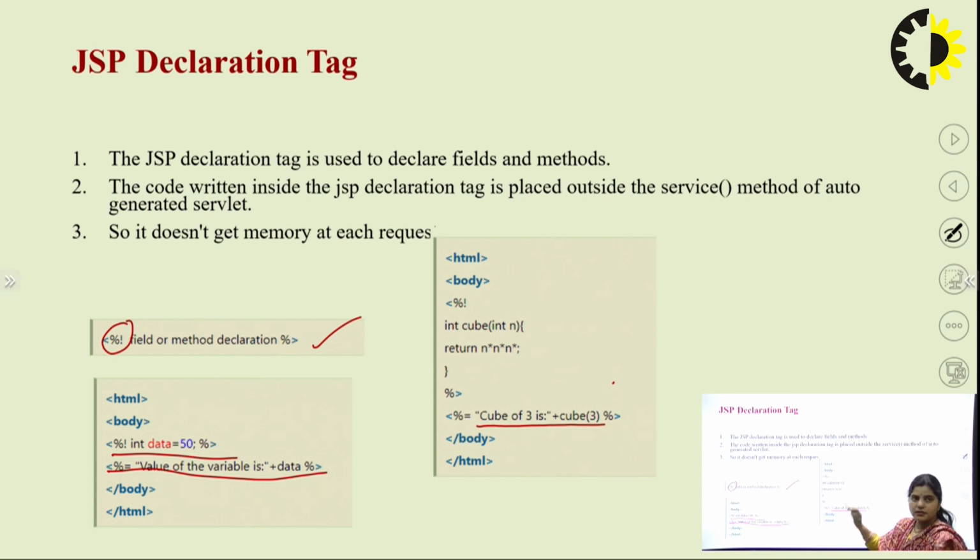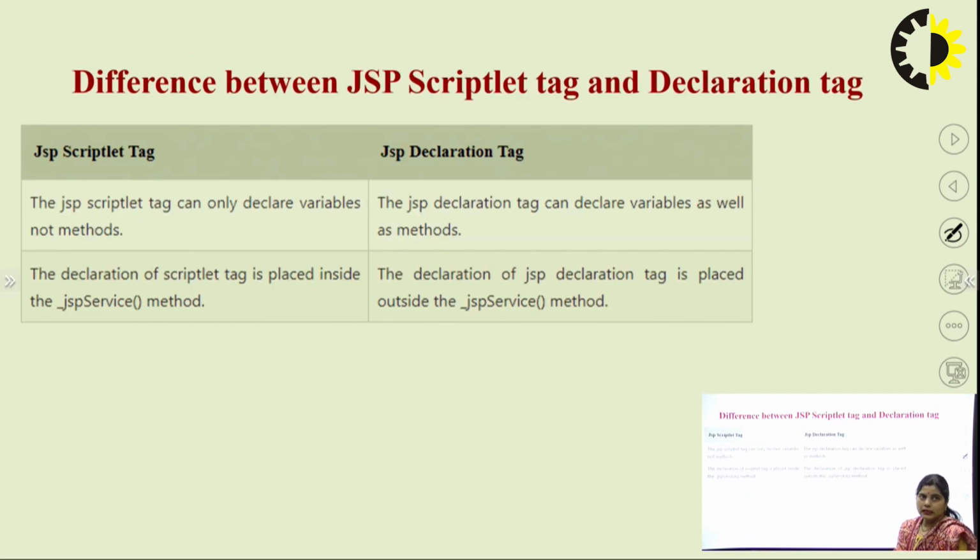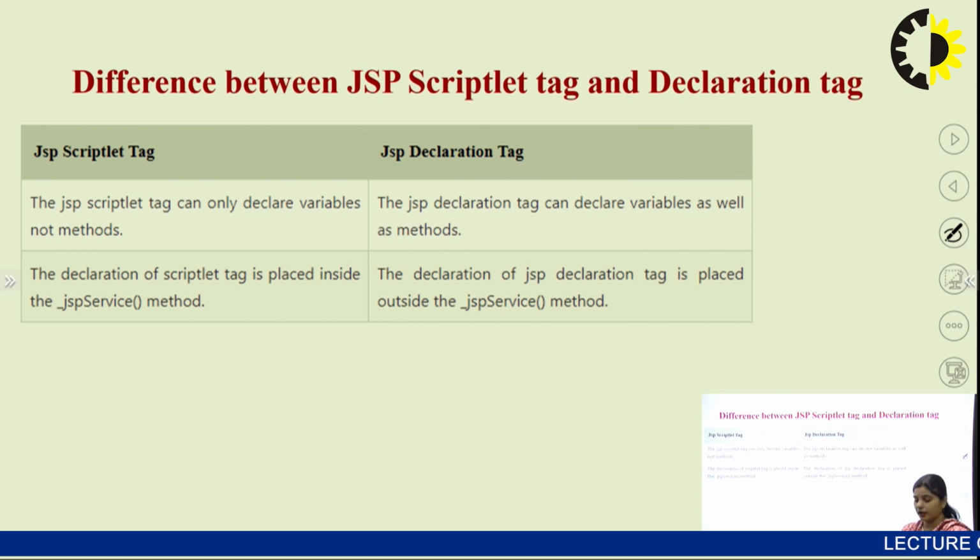In both the examples, we have the combination of declaration tag and expression tag. The difference between scriptlet and declaration tag is, the scriptlet tag can only declare the variables, not the methods.